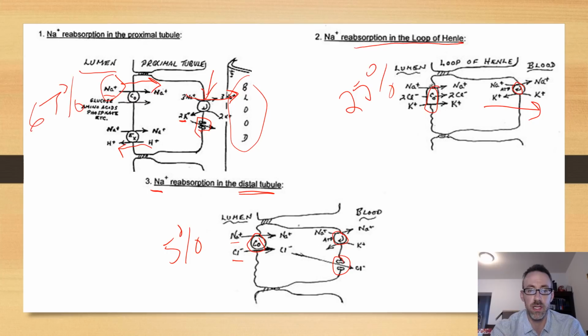We can ultimately affect them with hormones by increasing or decreasing their amount of reabsorption, but they're all essentially reabsorbed here. Once we get to the collecting duct, we get a little bit more regulatory controls. We'll talk about that. And so the final 3% of reabsorption can take place in the collecting duct, depending on how these cells are responding to hormonal influences.